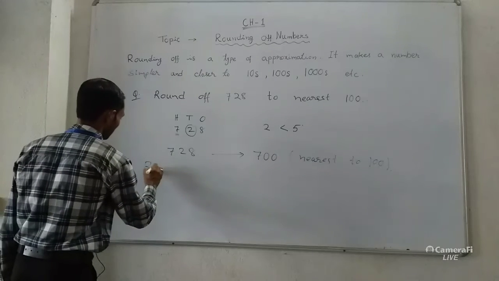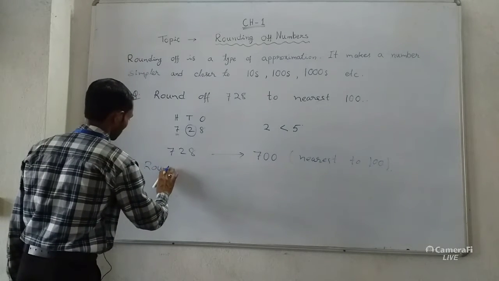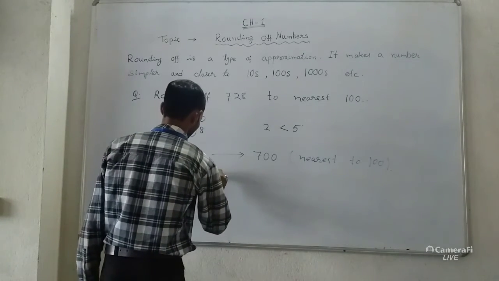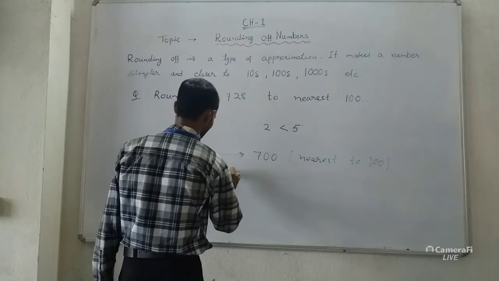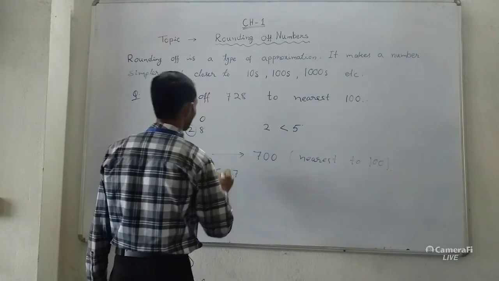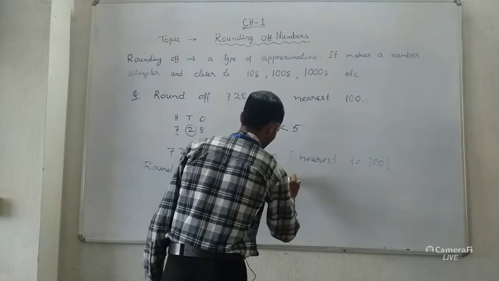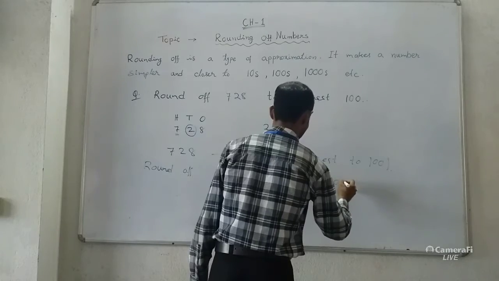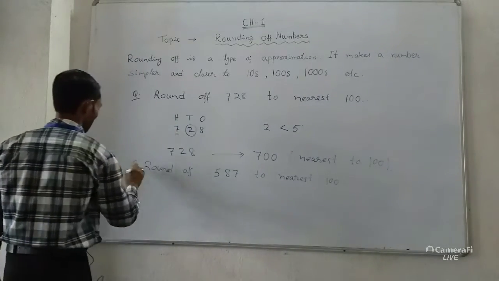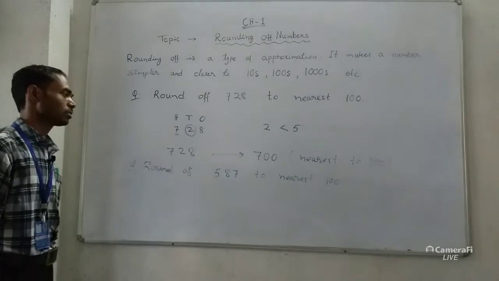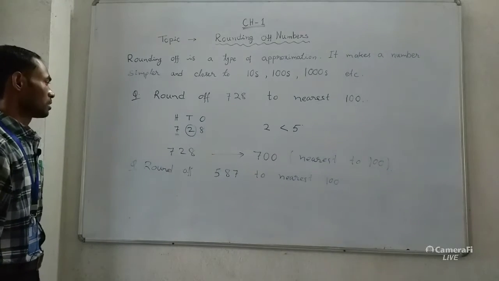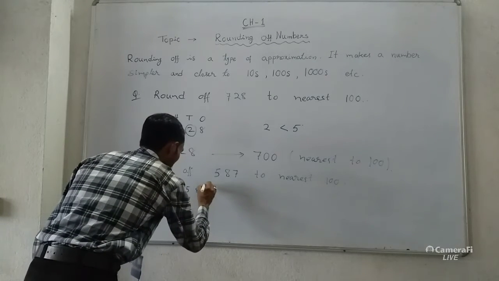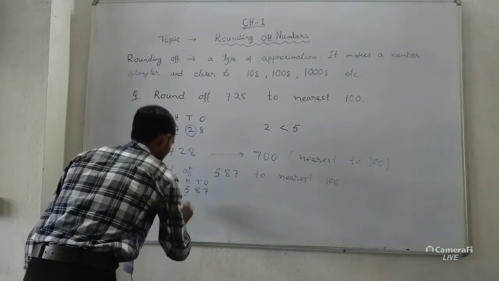If we want to round off any other number, suppose 587, to the nearest 100, that is the question. Round off 587 to the nearest 100. In the same process, here are 587, ones place, tens place, hundreds place. The hundreds place is 5.